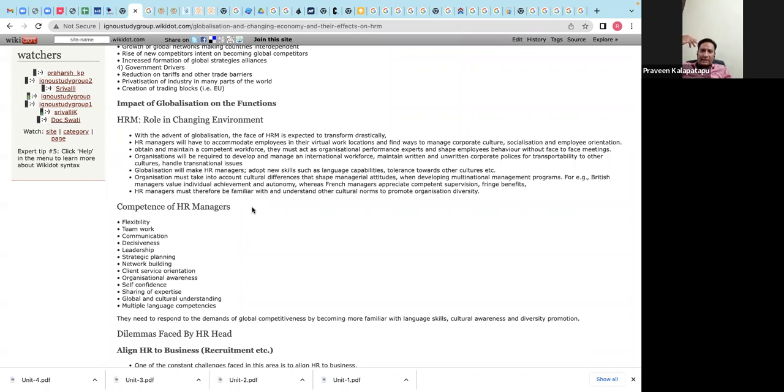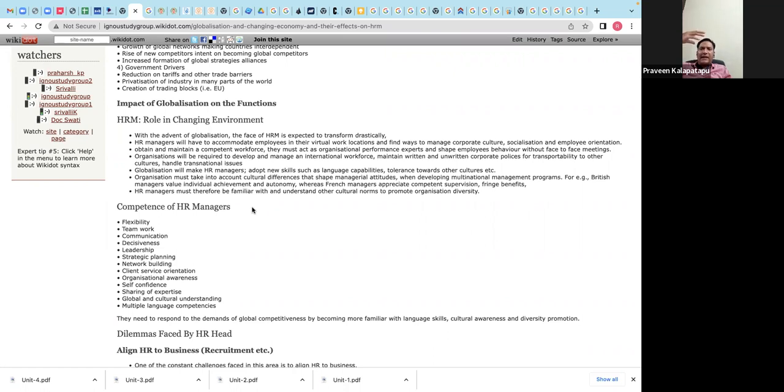Their capabilities have to be increased for better handling of the people. And there are certain complexities as well. So we talked about stereotyping, right? This is a kind of stereotyping, but research driven, where every culture will have different strengths and different weaknesses, right?